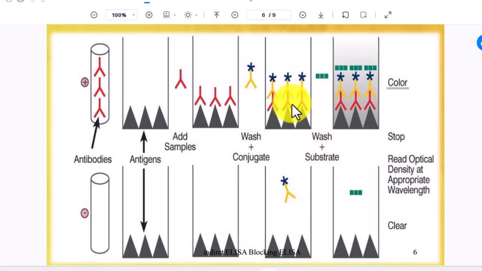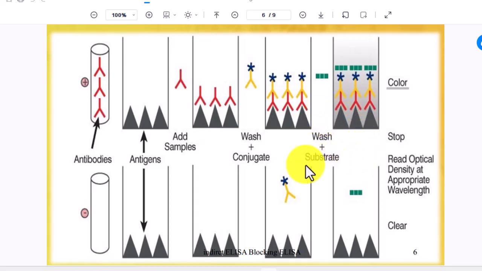After that, the technique is called enzyme linked immunosorbent assay. From this expression, enzyme linked: here the antibody is conjugated with enzyme. Every time we wash, we wash to remove the unspecific antibodies or unspecific protein.